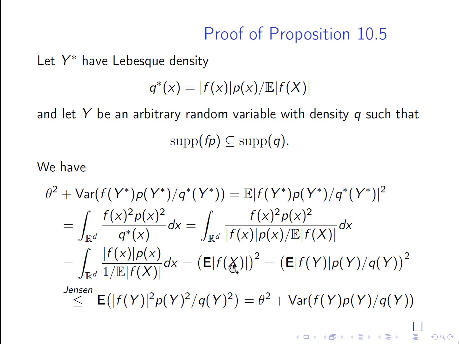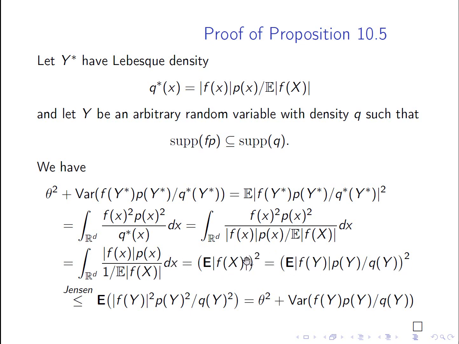And y is an importance sampling variable, so the expectation of the absolute value of f of x is the same as the expectation of the absolute value of f of y, p of y divided by q of y. So just by construction we have this identity, because y is an importance sampling variable for x. Okay, and with the squares the identity still holds.